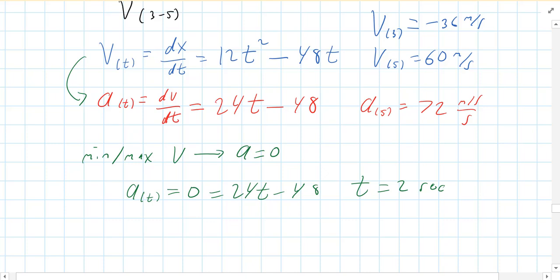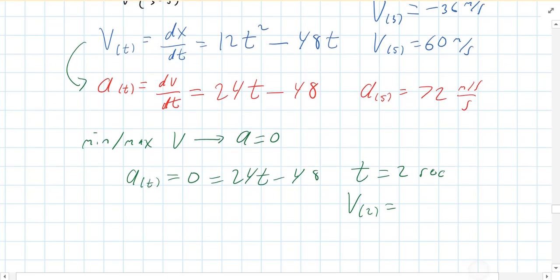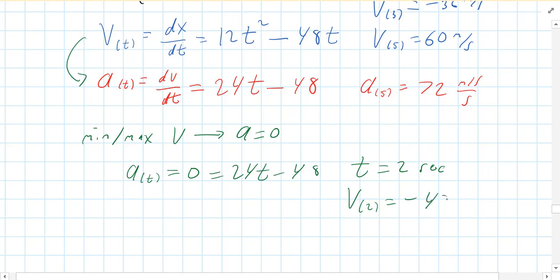Now let's figure out that velocity. I'm going to plug 2 seconds into my blue velocity equation up there. The velocity at 2 seconds: 12 times 2 squared is 48, and then minus 48 times 2 is 96. And you're going to get negative 48 meters per second.